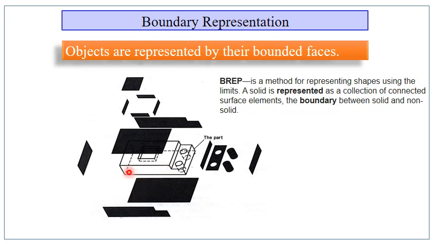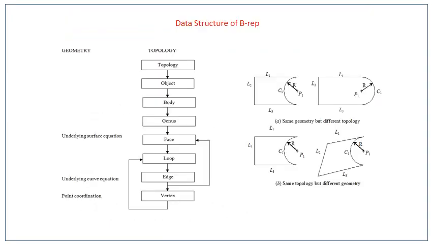From the side view we can see that this side can be represented by this. So all these faces are connected to form this object. So this representation is viewed through this boundary representation.